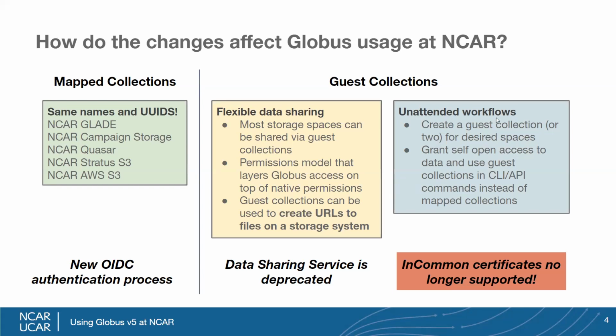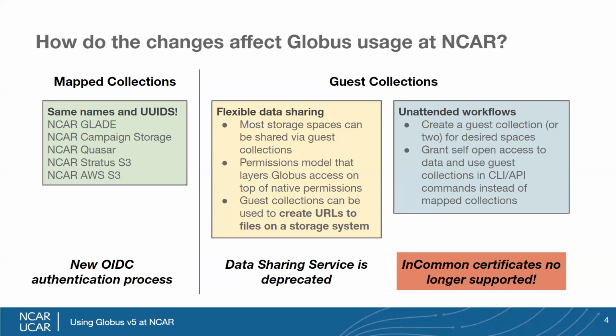And then in terms of unattended workflows, instead of doing the InCommon certificates, what we will do now is have folks create guest collections for whatever desired spaces they want to use in the unattended workflow. So if you have a directory in, say, your workspace in Glade or something on Campaign Storage, you would create a guest collection that points to that. Once you create it, it basically grants you open access to the data via that guest collection.